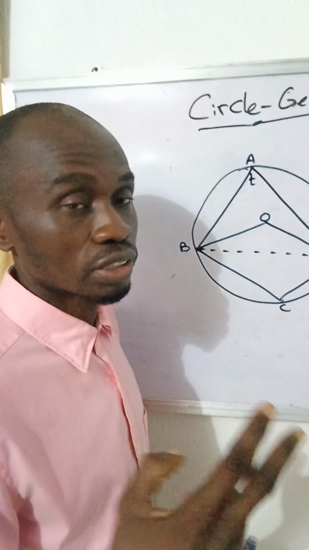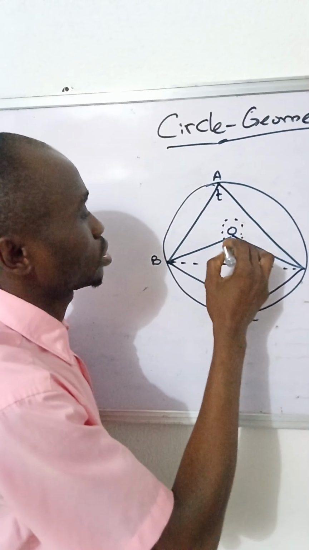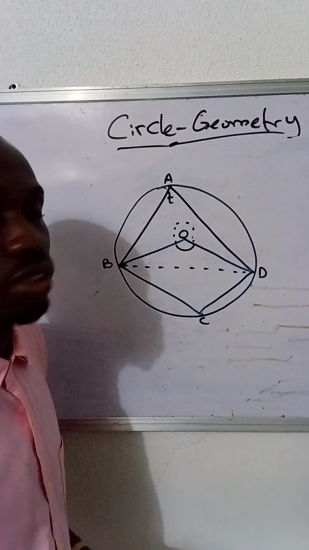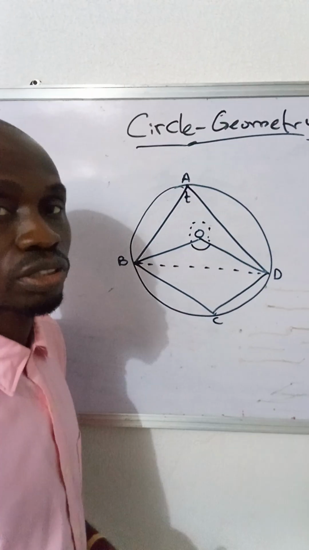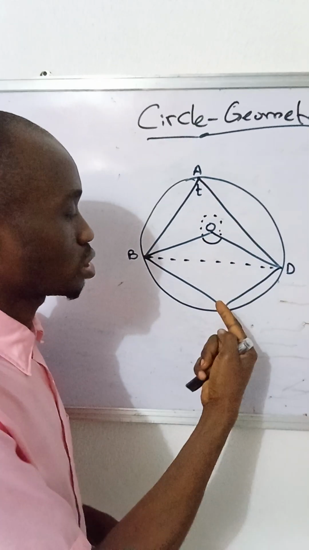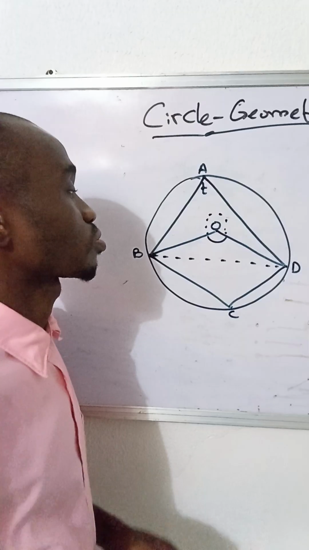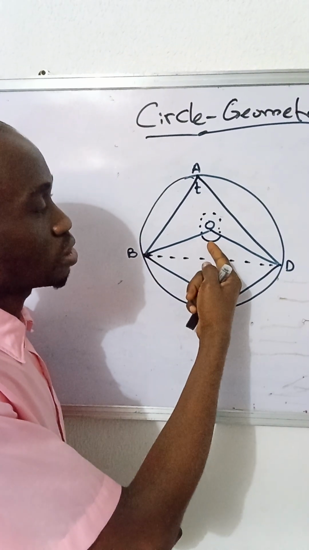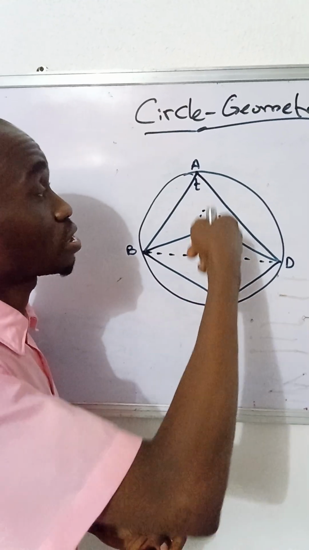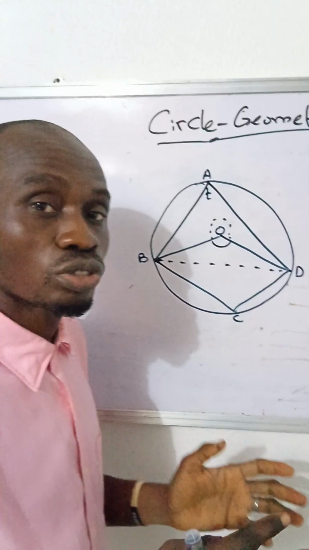There are two classes of center angle: we have the top center angle, then we have the bottom center angle. Why am I bringing this up? It is because the angle at the center bottom works with the angle at the circumference above.